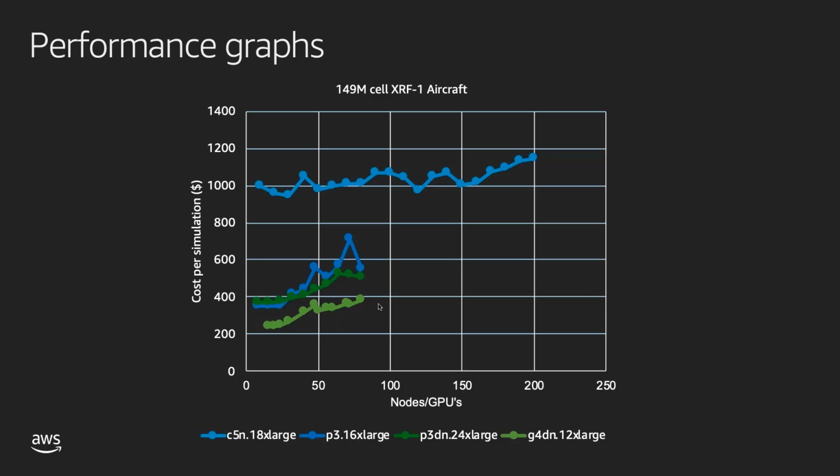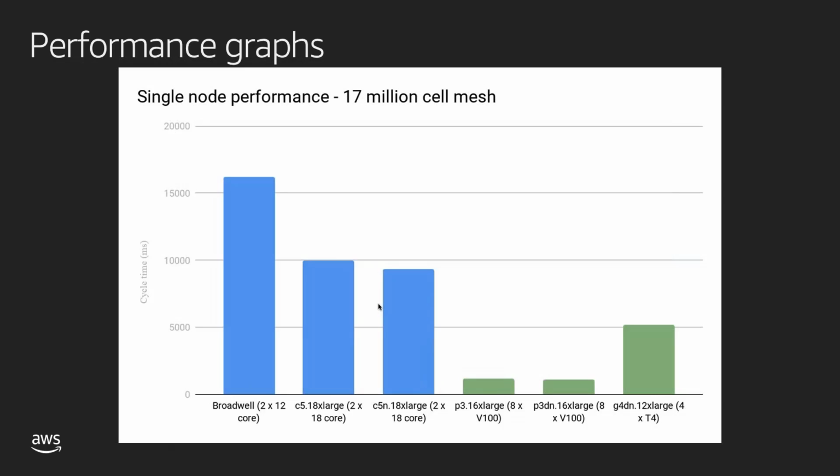Yeah, exactly. So this was the large test case, wasn't it? This was the 149, full aircraft, big case, which I suppose some companies would run. But I know there was also some work done on single node performance for a much smaller case, and I think this did show quite a substantial speed up of the GPUs compared to the CPUs and the on-premise.